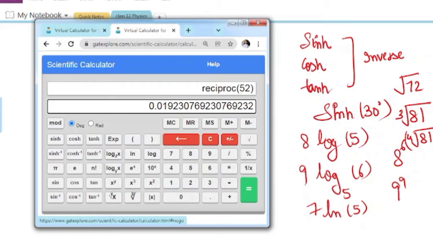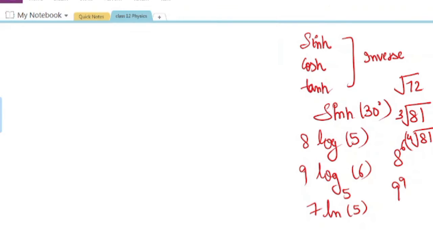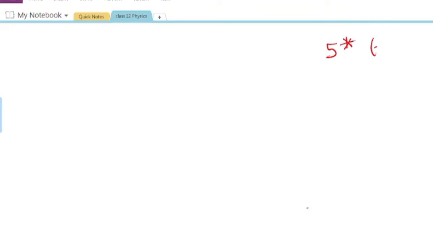Okay. If you want to find out the mode of any value, how can you do it? If you want to put a negative number, just like this. If you want to do this calculation, 5 into minus 6, so what keys do you have to use?